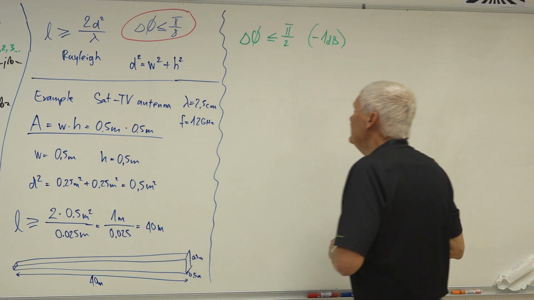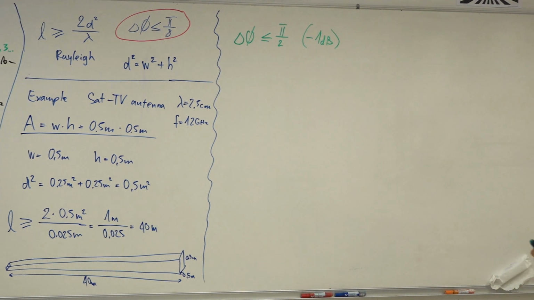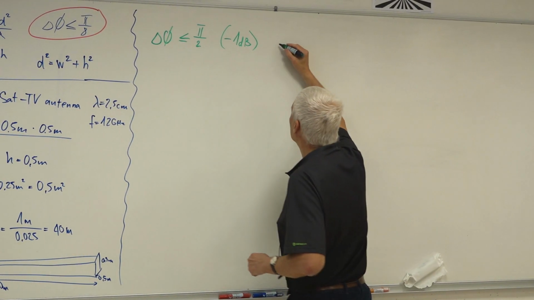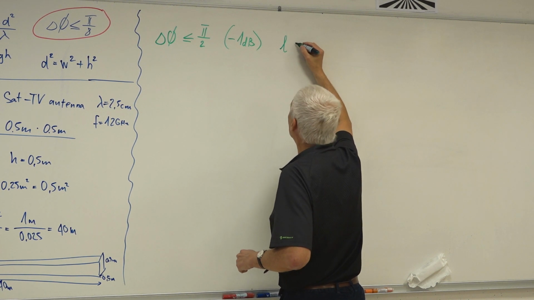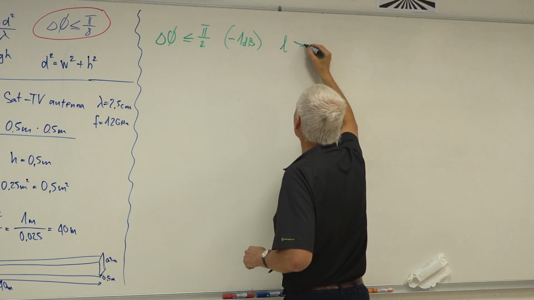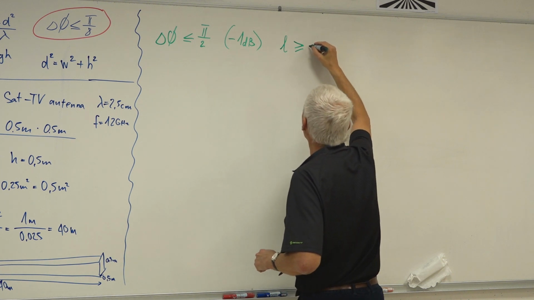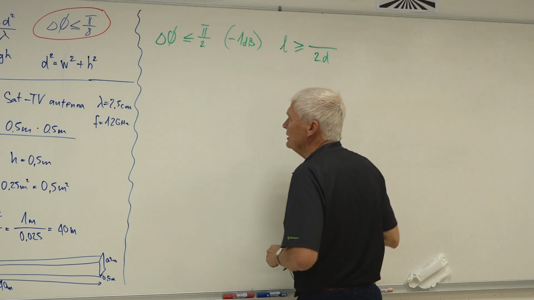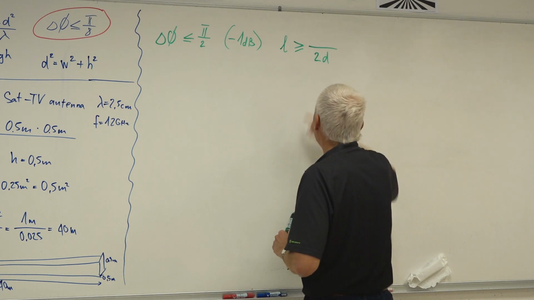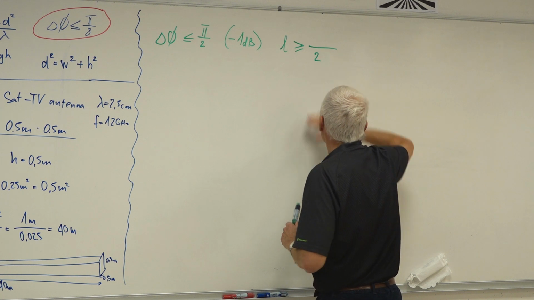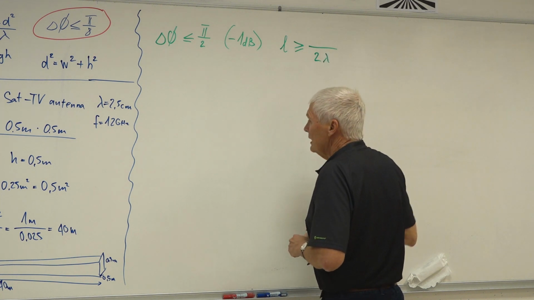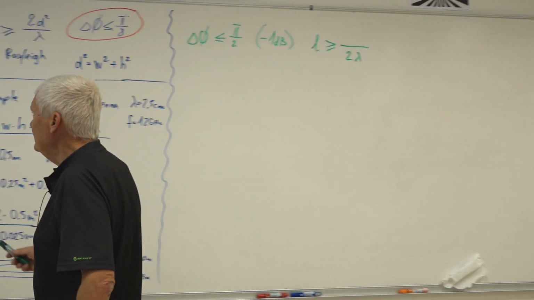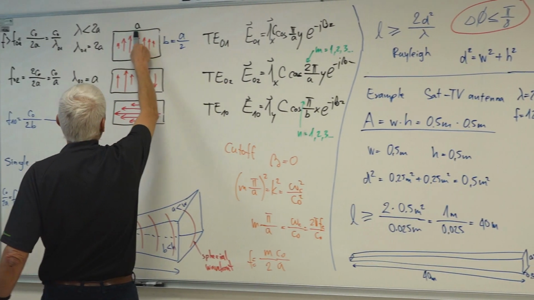If we go to pi half, our length here should be larger or equal than, here we have 2 in the numerator, and in place of lambda, this thing should be satisfied in the E-plane, in the plane of the electric field.